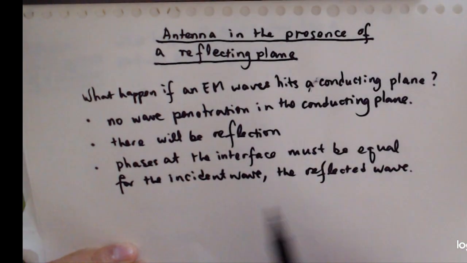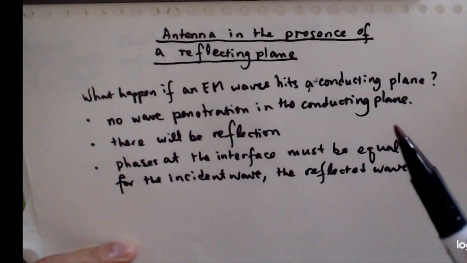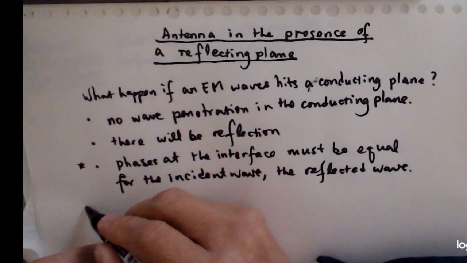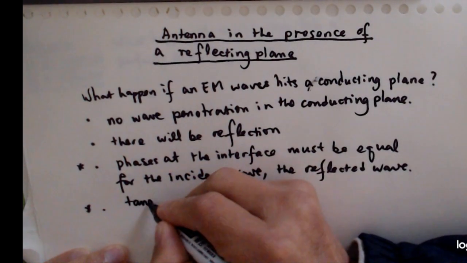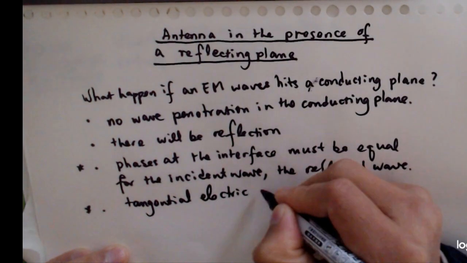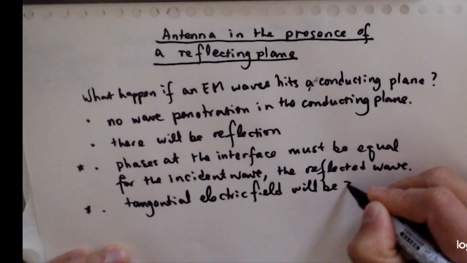So the incident wave and the reflected wave will be perfectly equal in terms of the phase. So this is one of the important points. Another more important point is the tangential electric field will be zero at the interface.